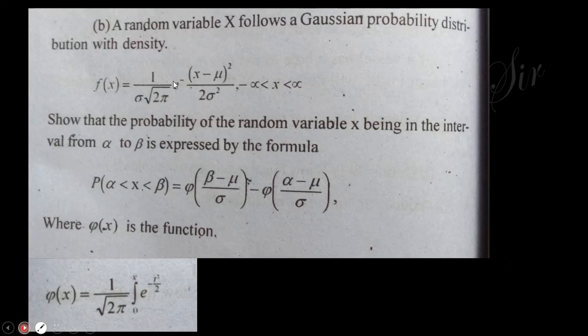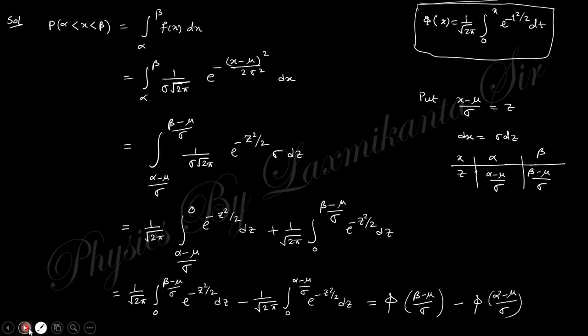Next one, a random variable x has a Gaussian probability distribution like that, so the probability of random variable x being in the interval from alpha to beta is expanded like that, where you can use this integration. This is an important question, a different type of question. So for the probability from alpha to beta, you take this integration from alpha to beta, putting the f of x function, and if you change the variable, you can see here this is the limit, and this limit changes from this one to 0 and 0 to that.